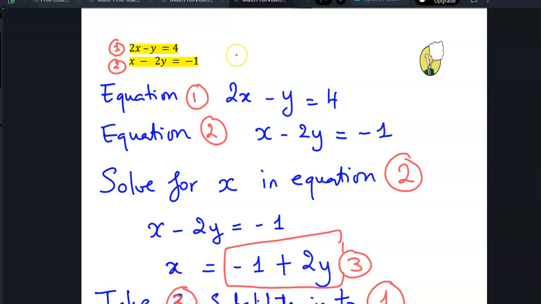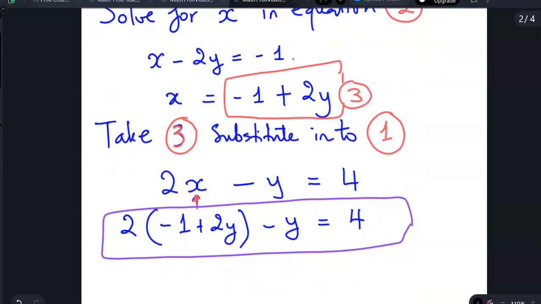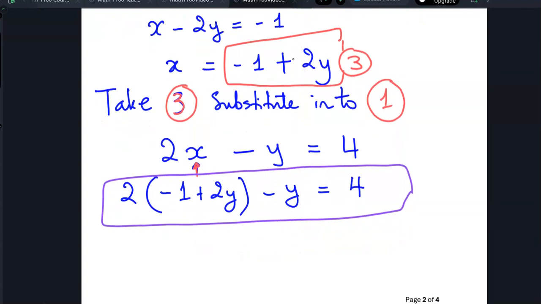Therefore, you need a system of two equations, two unknowns, in order to solve for these two unknowns. If you have one equation and two unknowns, there's no way you can solve for x and y. What you did was use the substitution method to get one equation, one unknown. Now you can go ahead and solve for y.